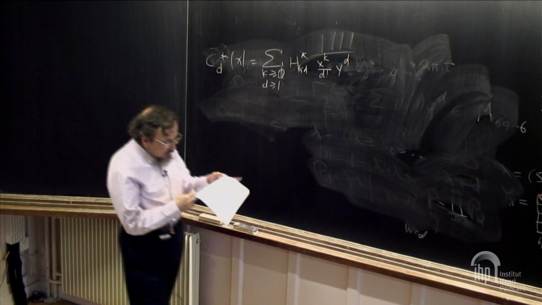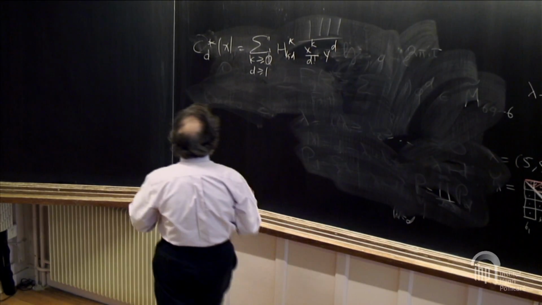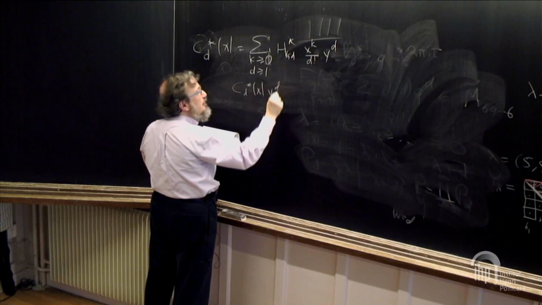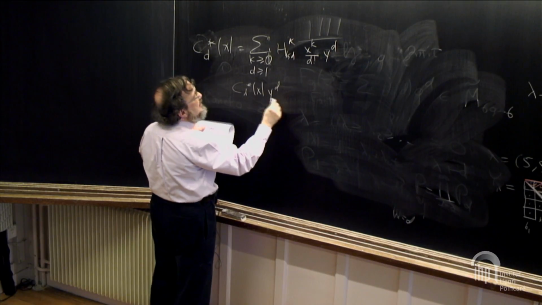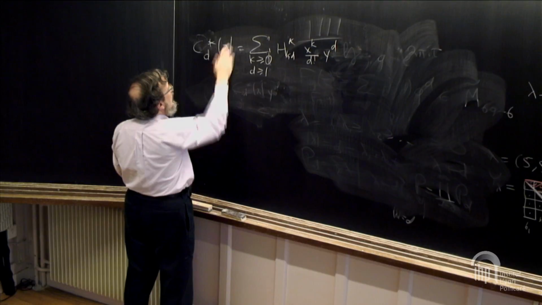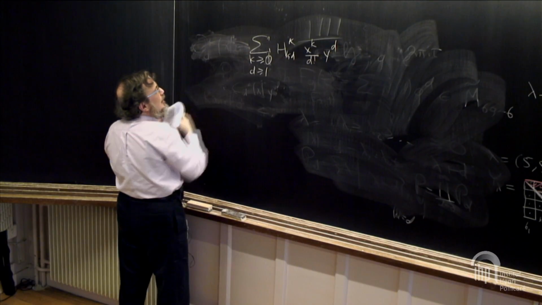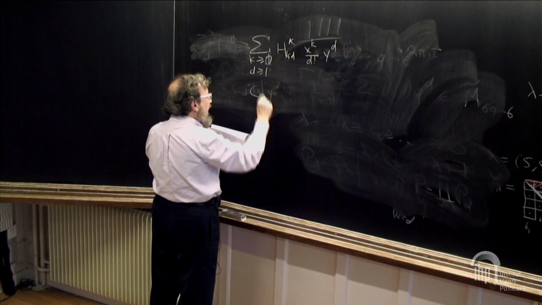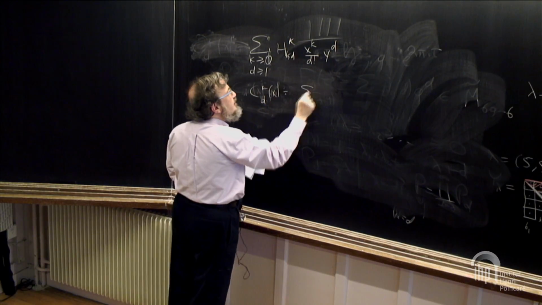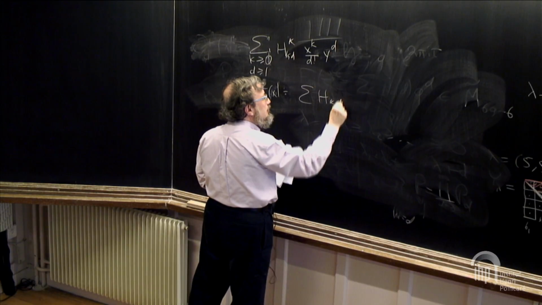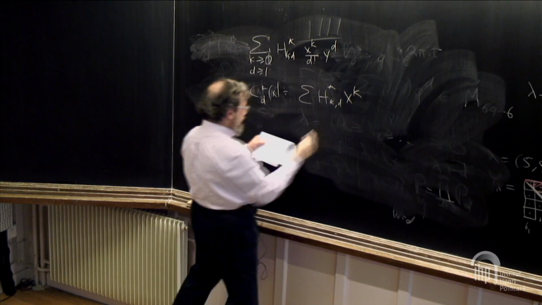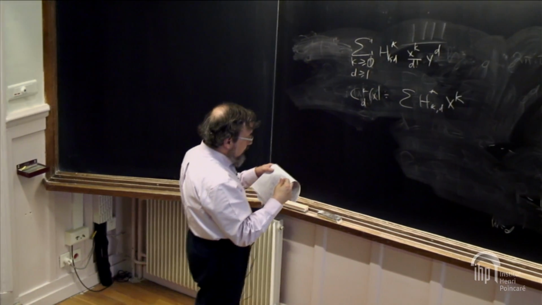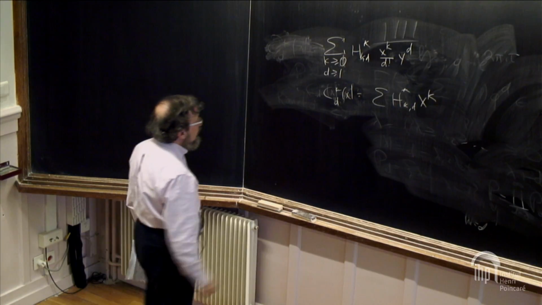Then we actually had to take the log of the corresponding generating functions. CD star of x is just the sum HKD star x to the k.